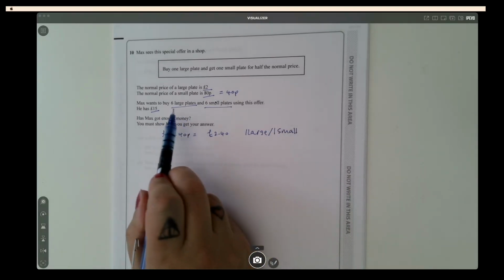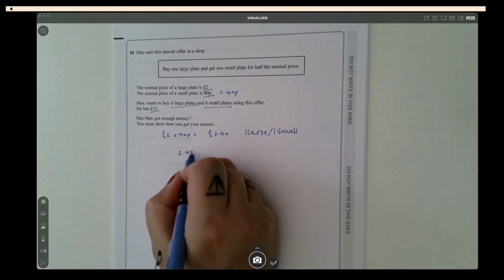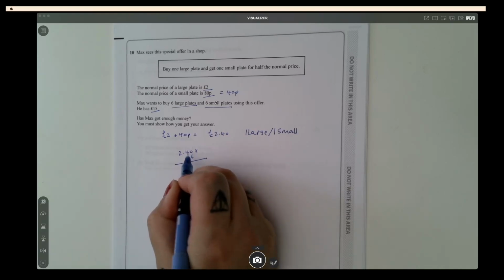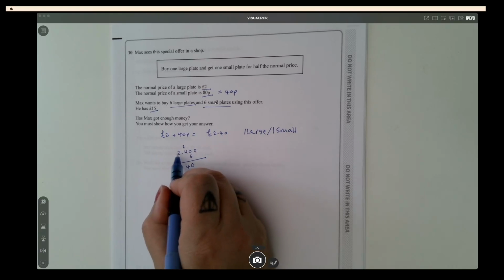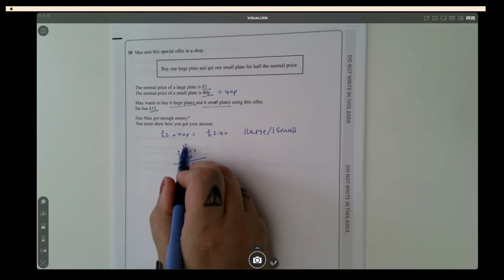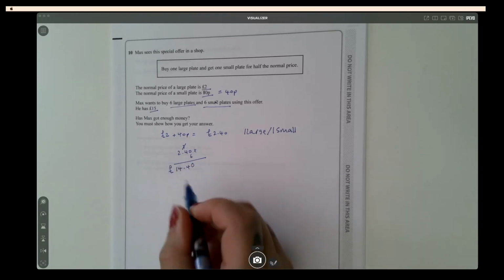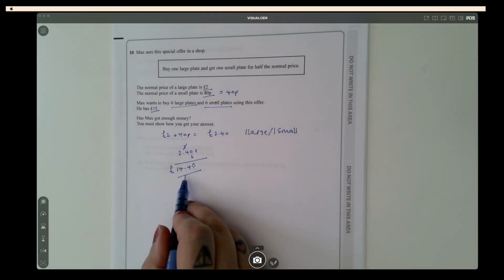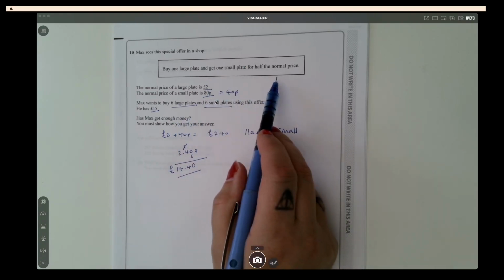So Max wants 6 large and 6 small. So we're going to do £2.40 times 6. 6 times 0, 6 times 4, 6 times 2, add the 2, £14.40. So it's going to cost Max £14.40 for 6 large plates and 6 small plates using this offer.